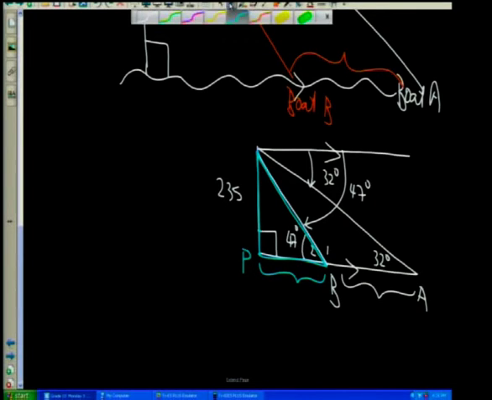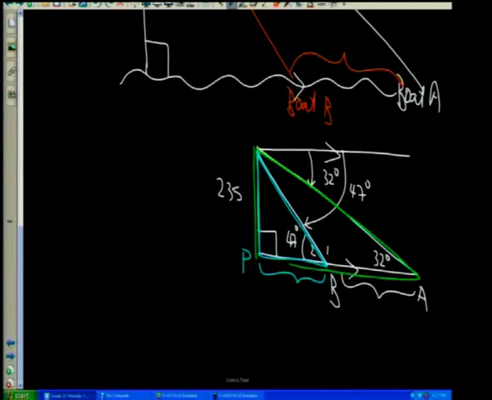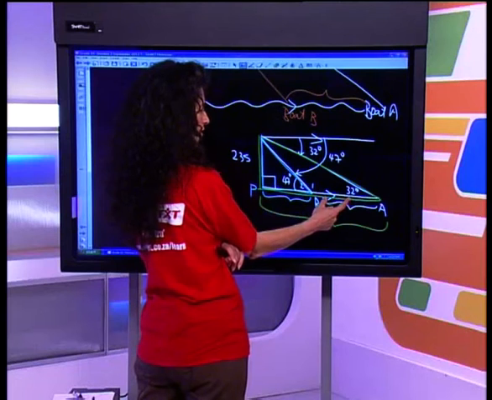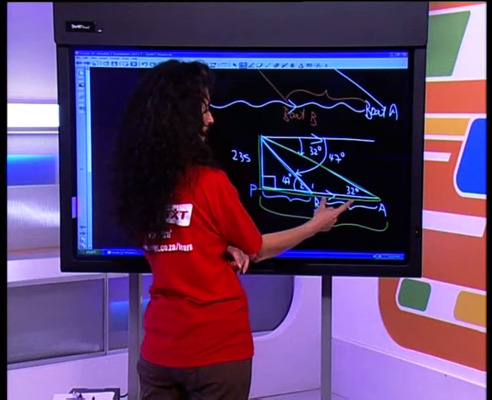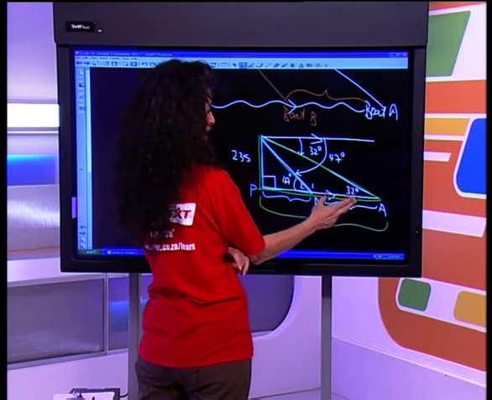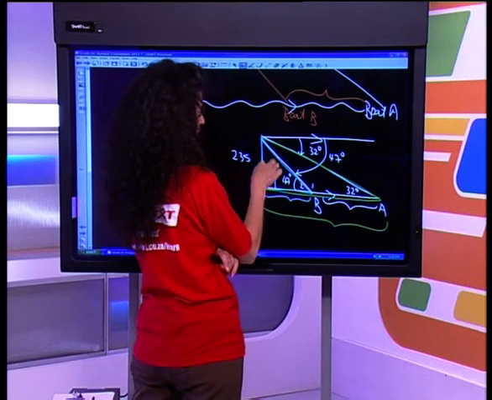At the same time, if I wanted to find the whole length AP, I could work it out in the green triangle. Does that help me find that white length AB? Certainly it does. The picture started off by wanting us to find AB's distance, but that was impossible, so we broke it down into right angle triangles.